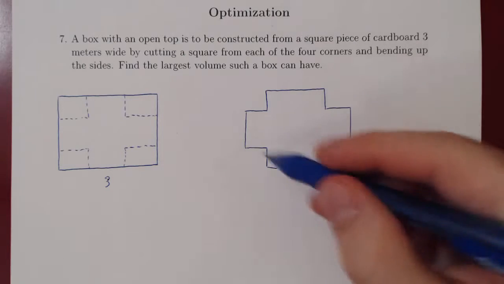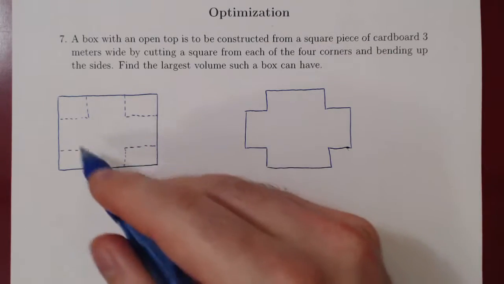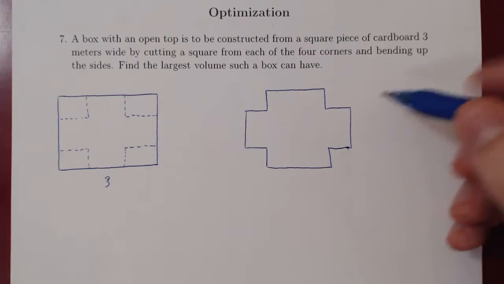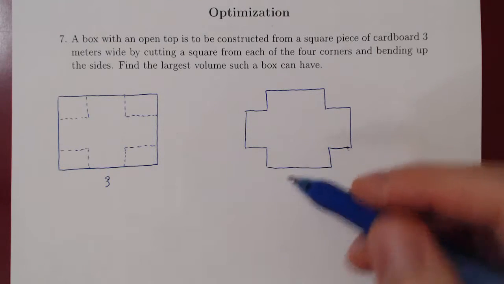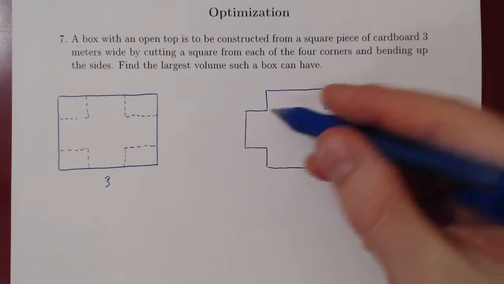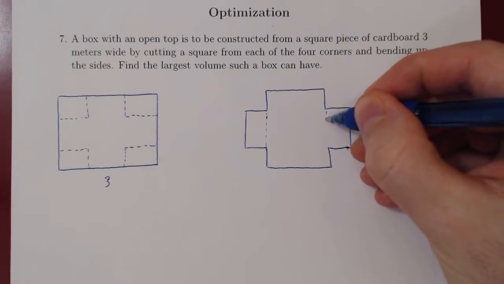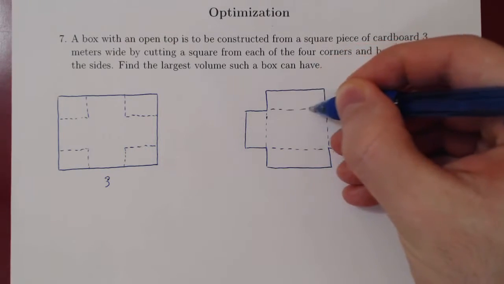Right? This is your piece of cardboard after you've cut out the 4 corners. And from each corner you cut out a square of equal size. And then you have these 4 sides, right? Imagine that you take the 4 sides and you bend them up.